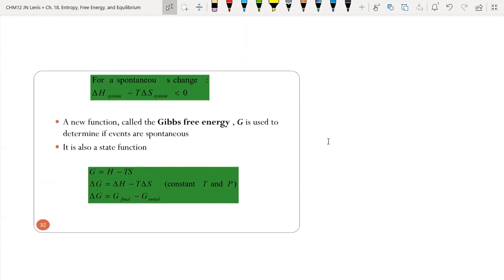So for a process to occur naturally, the free energy, or Gibbs free energy, has to be negative.